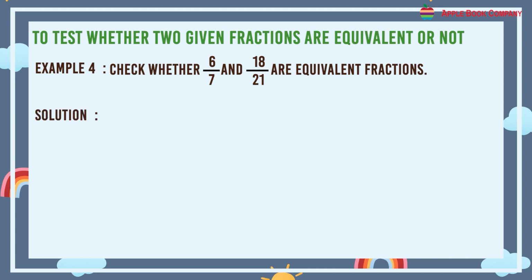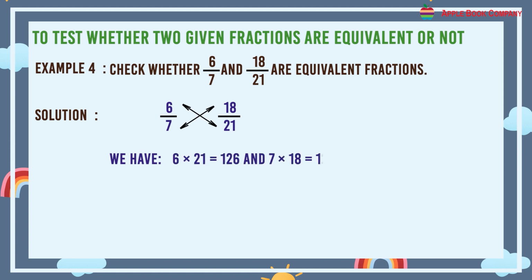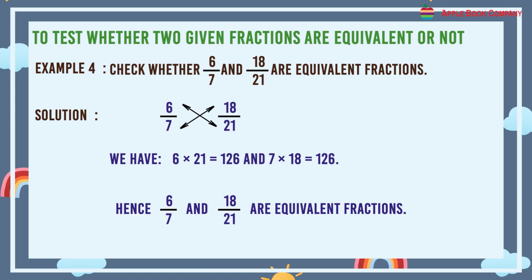Solution: cross multiply as shown. 6 by 7, 18 by 21. We have 6 into 21 equals 126. 7 into 18 is 126. Thus, the two cross products are equal. Hence, 6 by 7 and 18 by 21 are equivalent fractions.